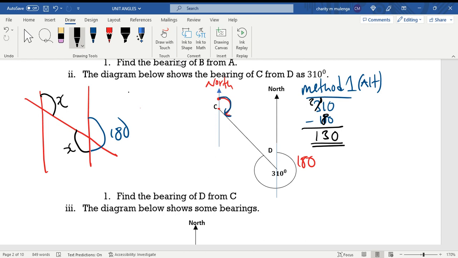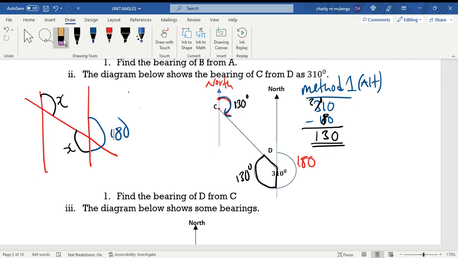So meaning this angle here is 130 degrees. So this 130 and 130 there are always equal. They are alternate angles. Remember, don't forget: 130, 130. So we have used alternate angles, and we have found our answer.